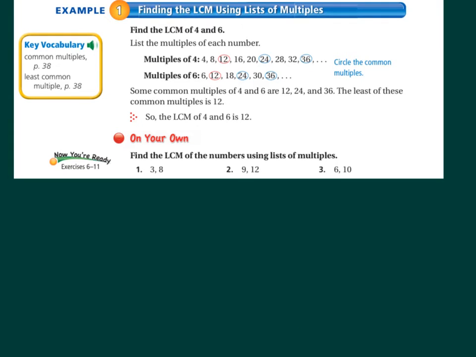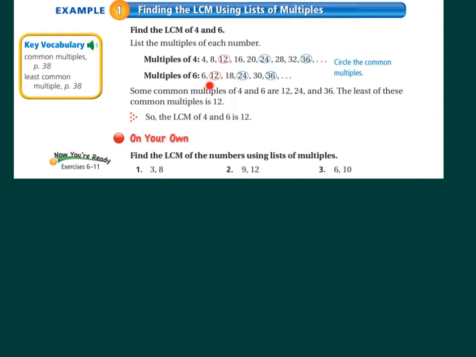So to start off this lesson, the first thing they do is they list some multiples. Again, when the numbers are small, this is okay. If we look at our example up above, the multiples of 4 are listed out here: 4, 8, 12, 16, 20, 24, 28, 32, 36, and you can keep going if you need to.